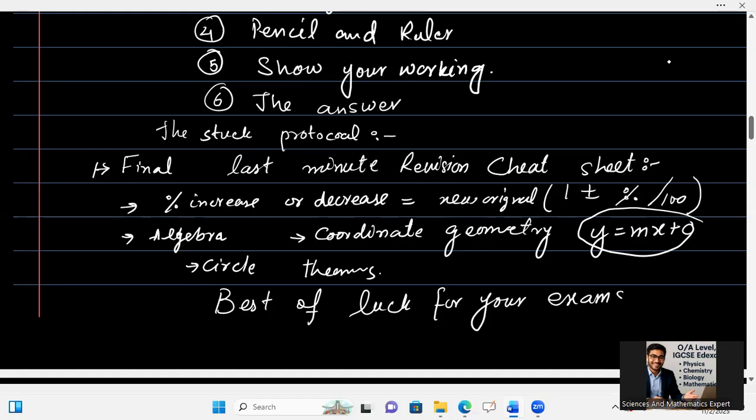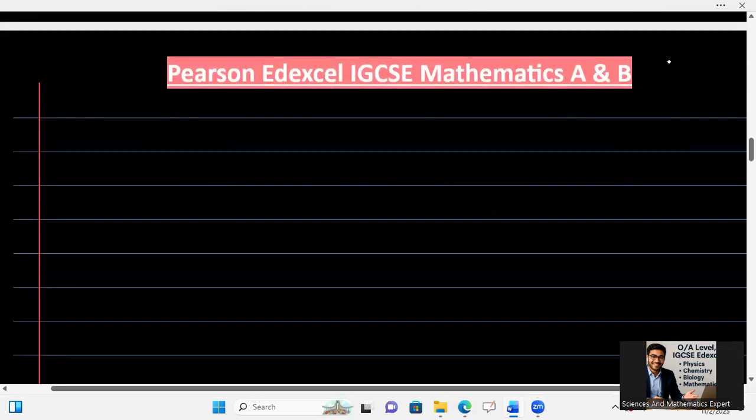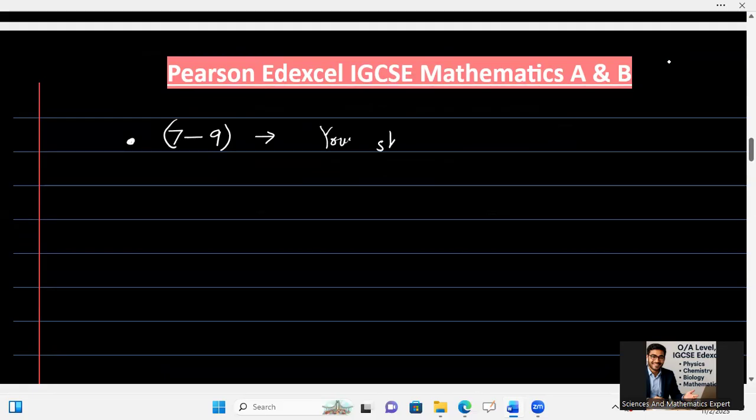And the final advice, which I mostly give to my students: your grades should be, inshallah, between 7 to 9 if you follow my rules. If you want the best grades, you should revise the formulas. You should not worry about your exam.